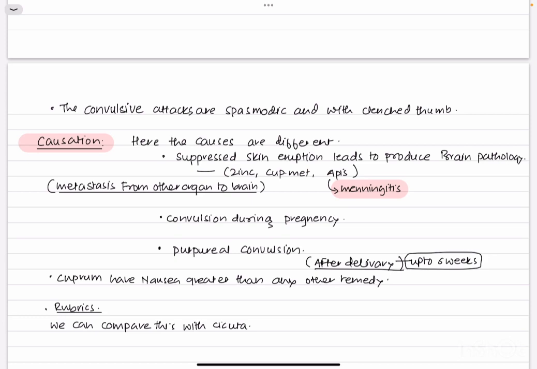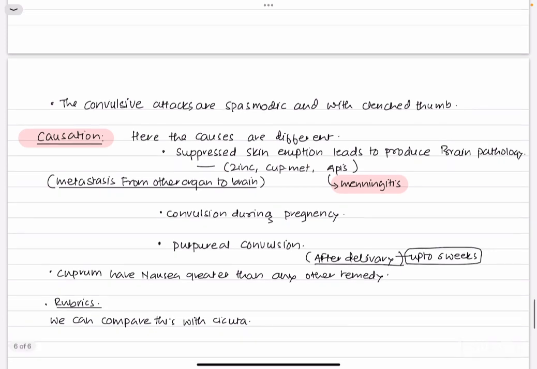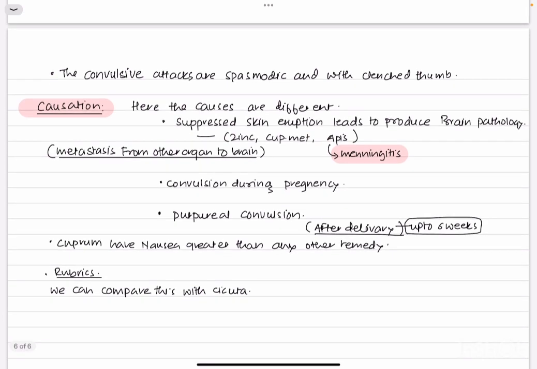The spasm of this remedy is so severe that we can compare it with Cicuta also, in which there is a severe spasm in the whole body, generally in the spinal cord, and the opisthotonus position is the characteristic of Cicuta.